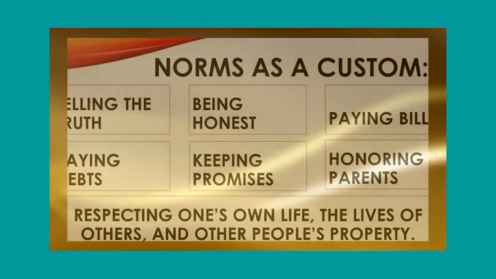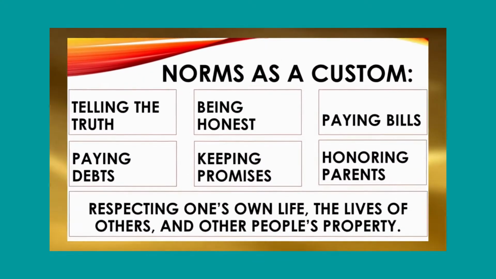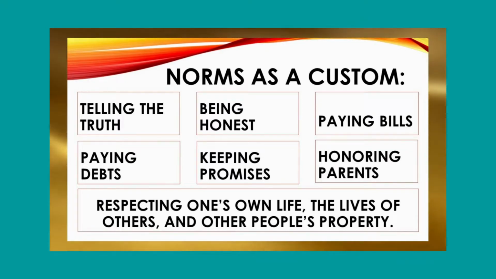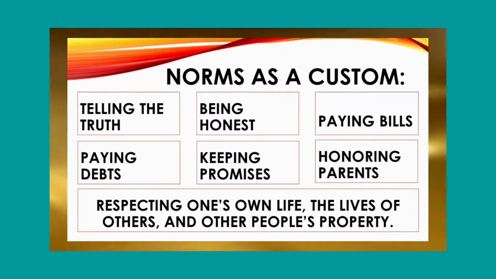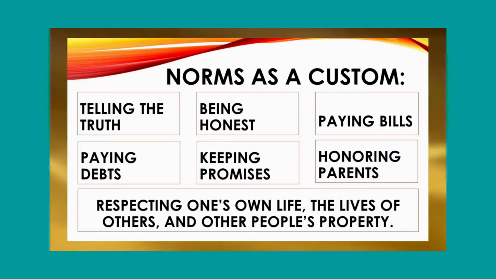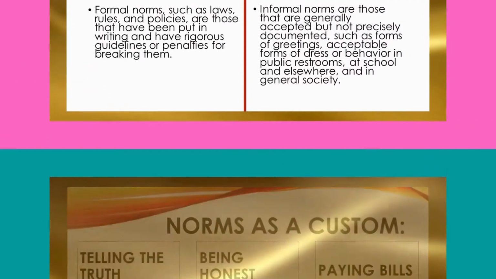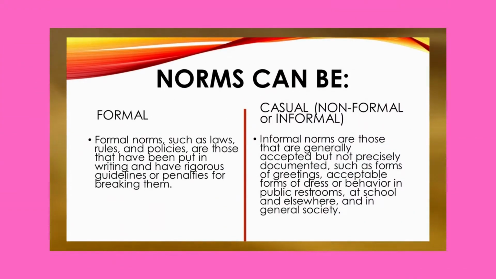The following behaviors are considered norms as a custom: telling the truth, being honest, paying bills, paying debts, keeping promises, honoring parents, and respecting one's own life, the lives of others, and other people's property. Norms can be formal or informal.